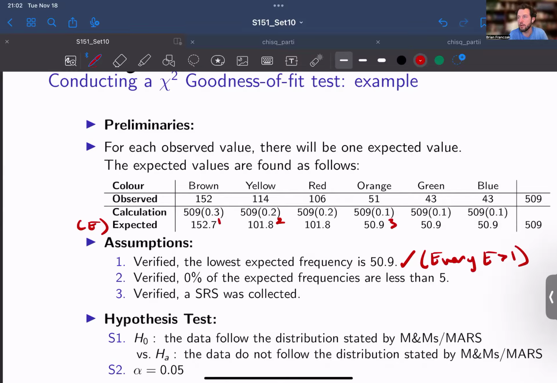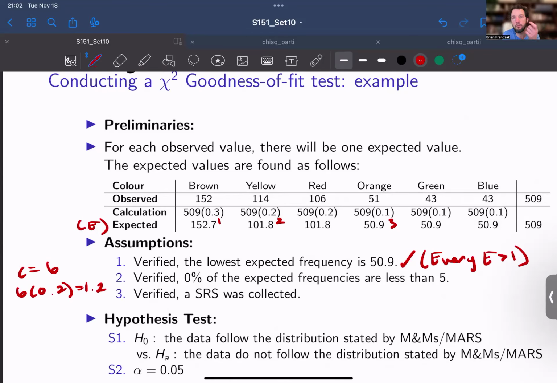The second one is a bit trickier to conceptualize. It states that no more than 20% of the expected values are less than 5. We have little c equal to 6 different outcomes. 20% of 6 is 1.2. So we are saying that no more than 1.2 of the expected values are less than 5.